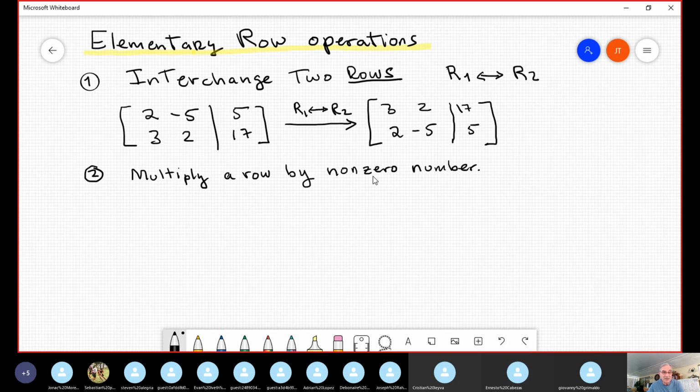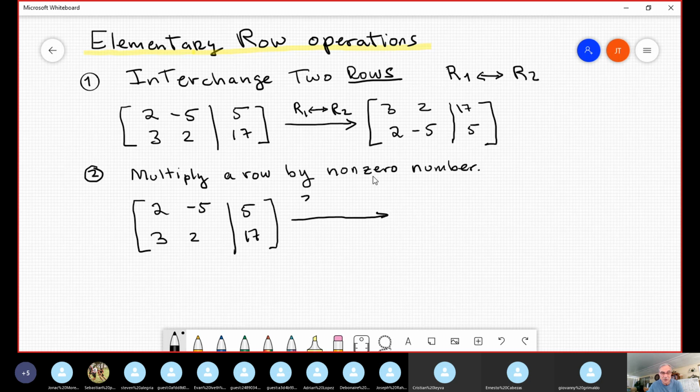Okay, suppose again the same example. It is 2, -5, the same. I copy the same: 5, 3, 2, 17. But I propose a different row operation. It's multiplication by 3. You need to be familiar with this new notation I want to explain.